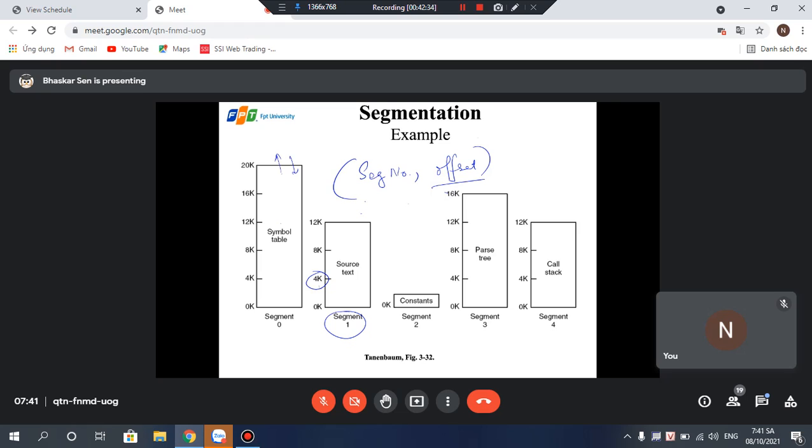So we have a segment number and we have an offset. And we maintain for each program what we call a segment table.